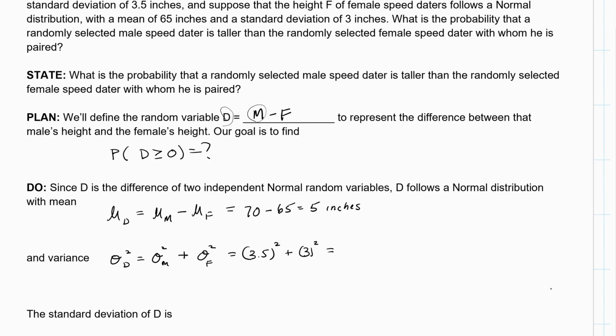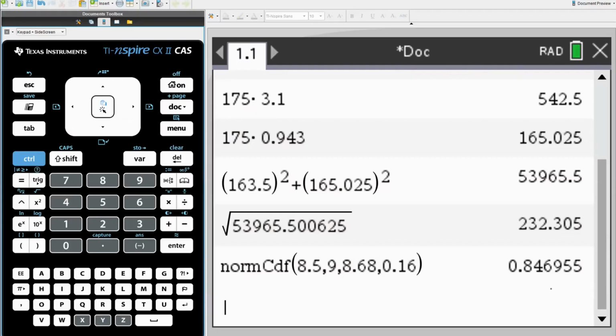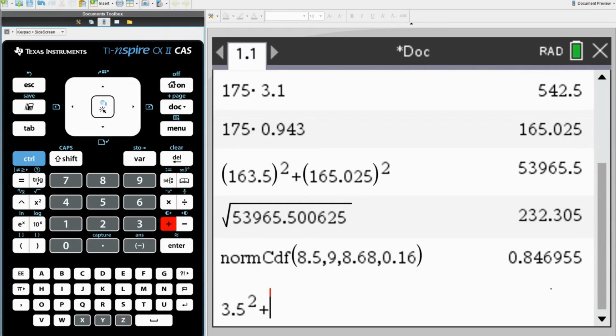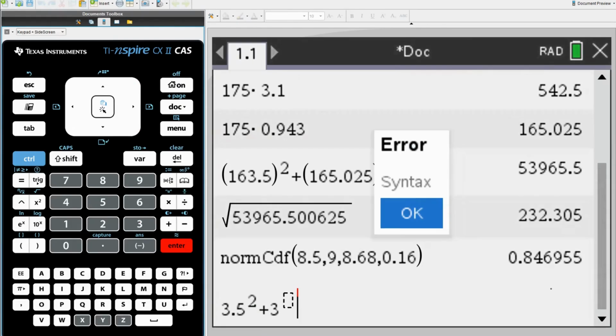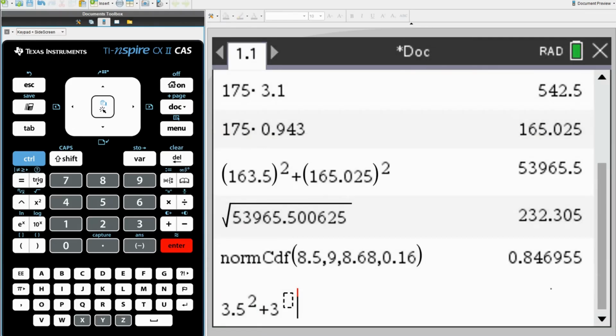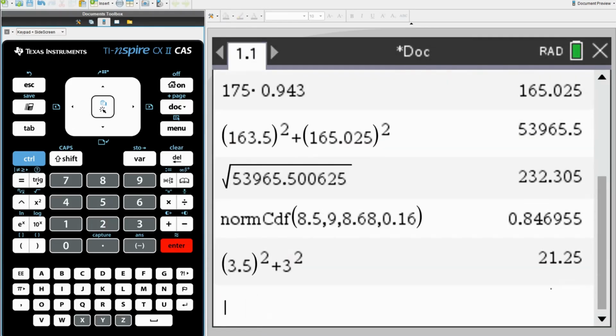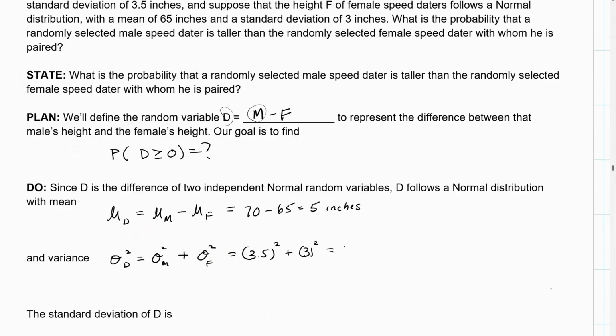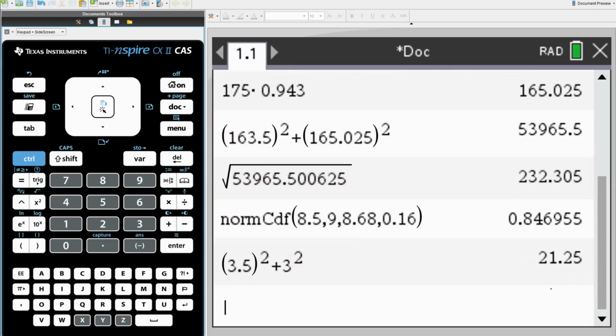Let's find out what number that is. 3.5 squared plus 3 squared. And that's 21.25. And therefore the standard deviation of D is the square root of 21.25.